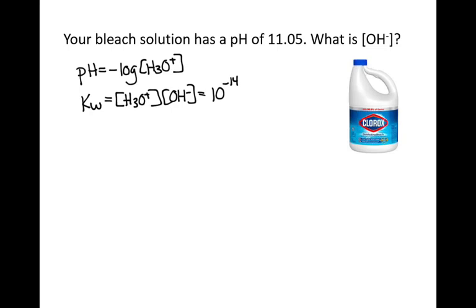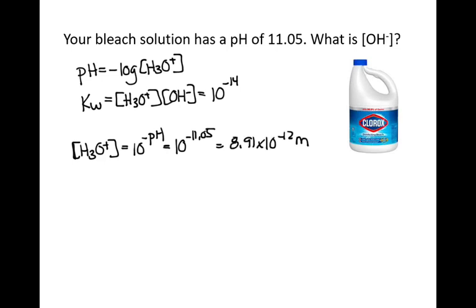Okay, so we said that the H3O plus concentration, if we rearrange the equation, is going to be 10 to the negative pH, or in this case, 10 to the negative 11.5. Our H3O plus concentration is thus going to be 8.91 times 10 to the minus 12. Okay, and now we can rearrange our Kw expression to solve for OH minus.